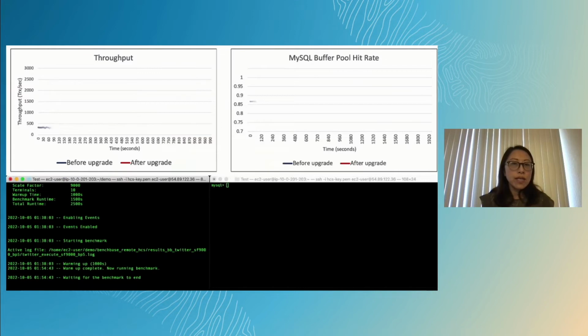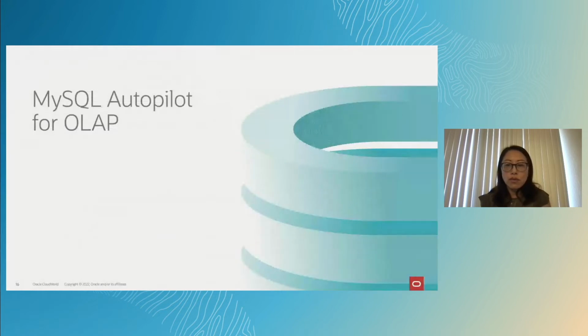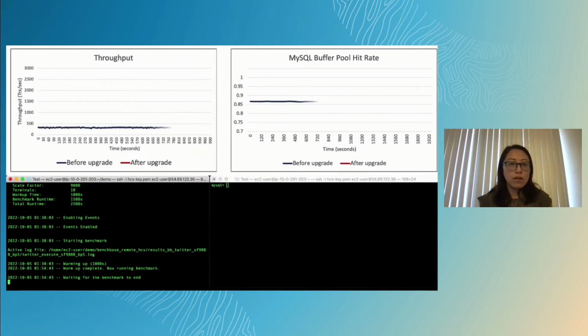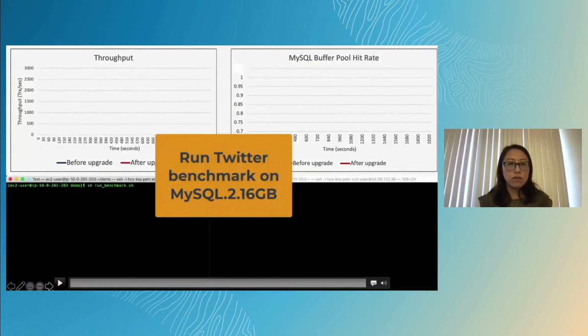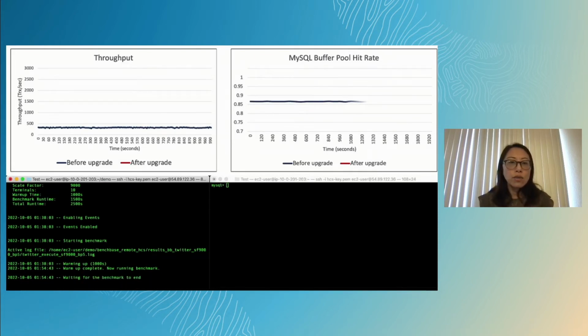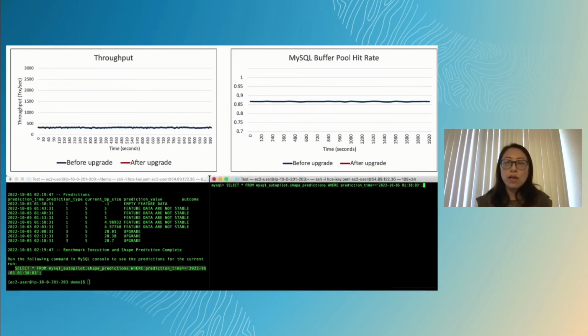So as I run here, you can see that it's running on the 2 vCPU instance. As you can see on the graph, the throughput has been pretty low, and also the buffer pool hit rate is not at an optimal rate.